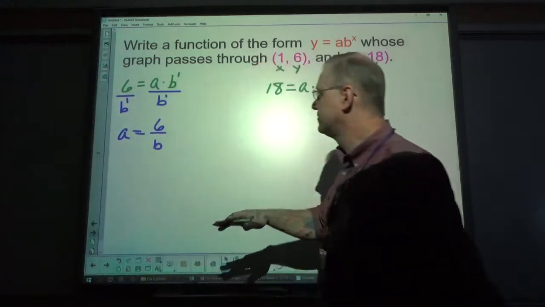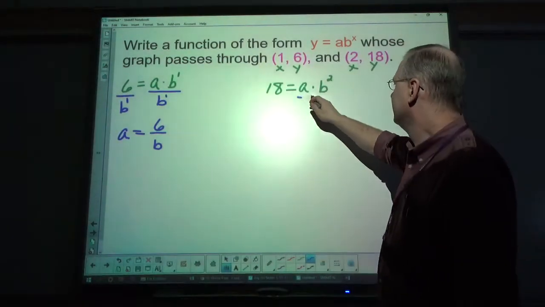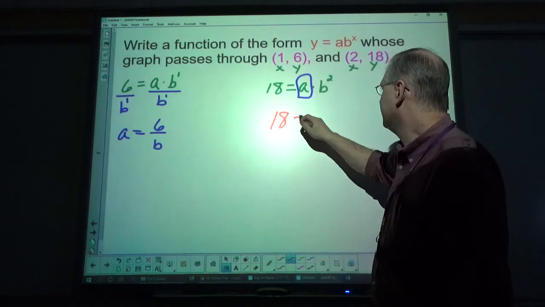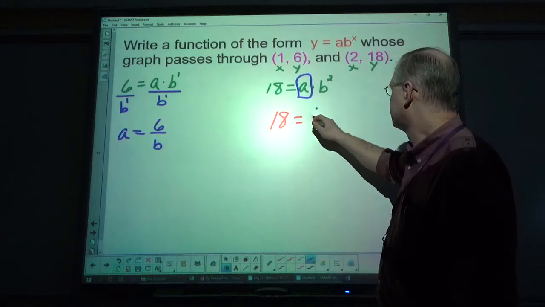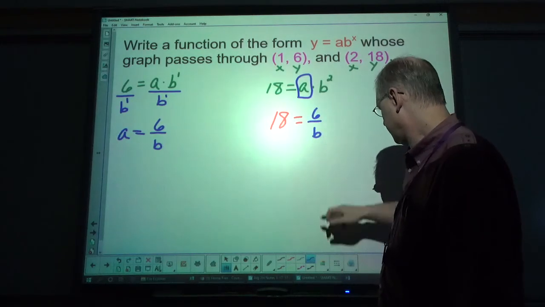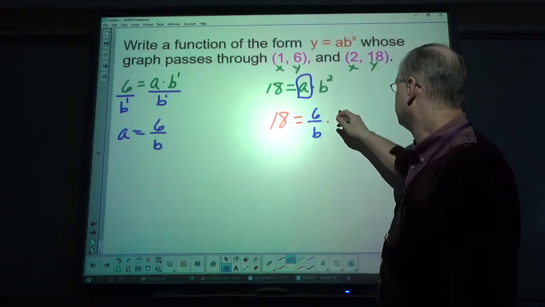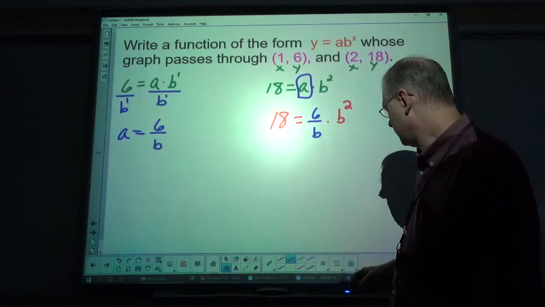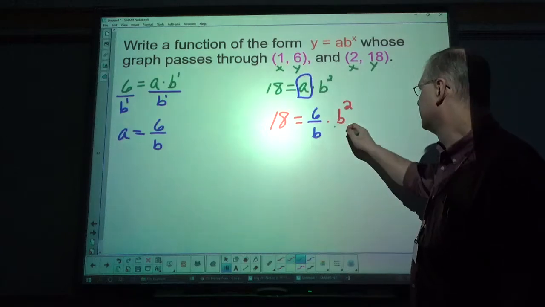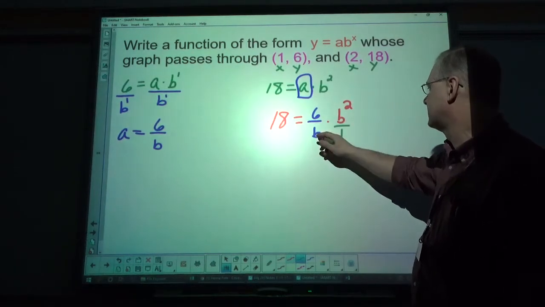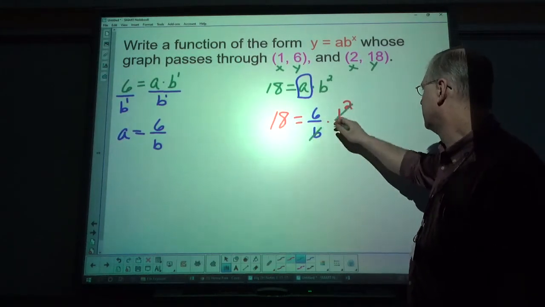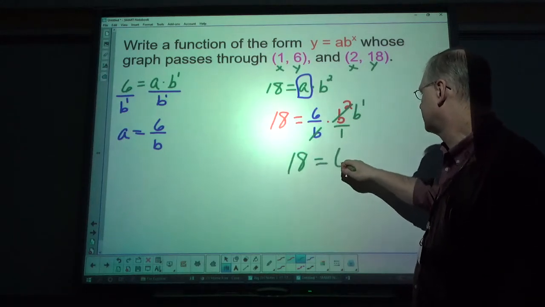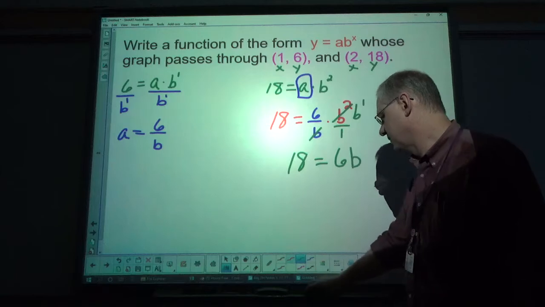I'm going to substitute that in for a here. 18 equals 6 over b times b to the second. Now I want to reduce. I can reduce these b's. That's a b and that's a b. B to the first. So 18 equals 6b.